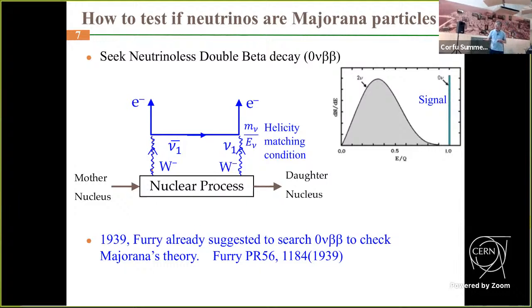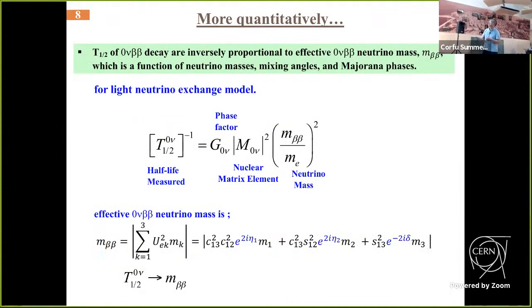This was already in 1939, just after Majorana's theory, that the theory suggested such neutrinoless double decay to confirm that neutrinos are Majorana. That's already 80 years ago. We have been seeking this possibility for the Majorana neutrino for the last 80 years without success yet, but we are still working very hard.